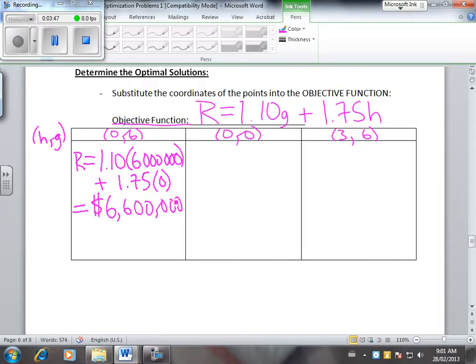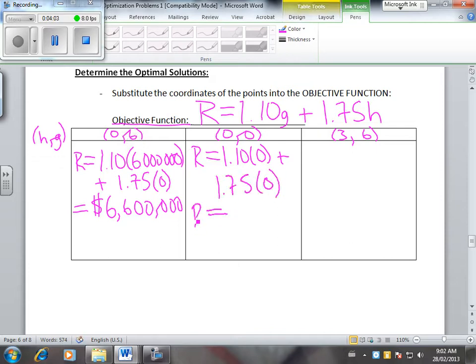Okay, so let's try 0, 0. So R equals 1.10 times 0 plus 1.75 times 0. So R will be 0. And then here R equals 1.10 times 6 million plus 1.75 times 3 million.